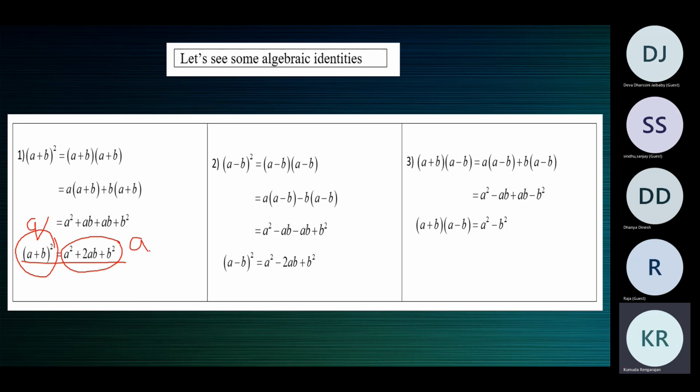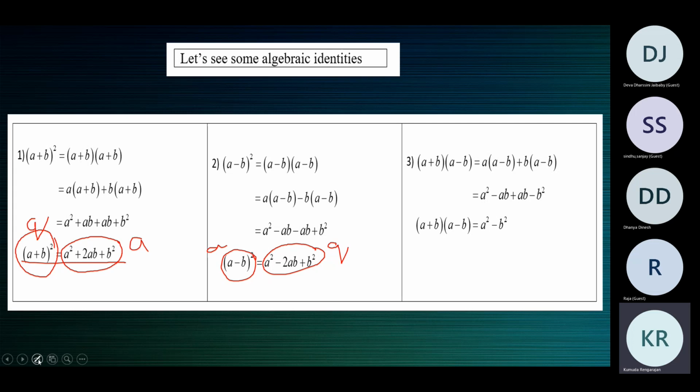If the question looks like the right-hand side, then the answer will look like the left. So when we use an identity, we have both the question format and the answer format in it.